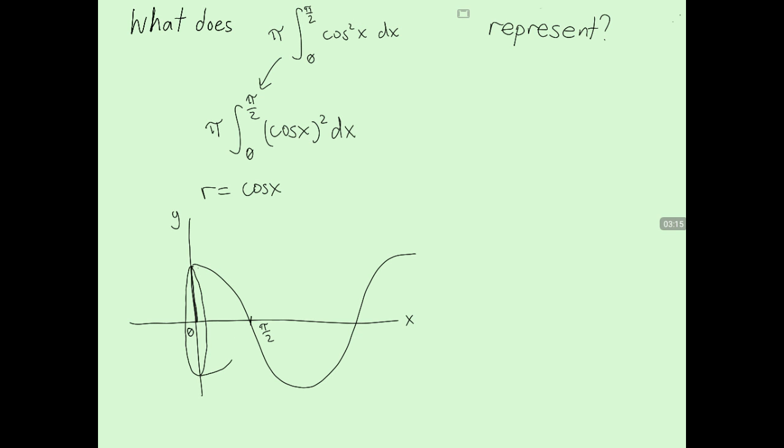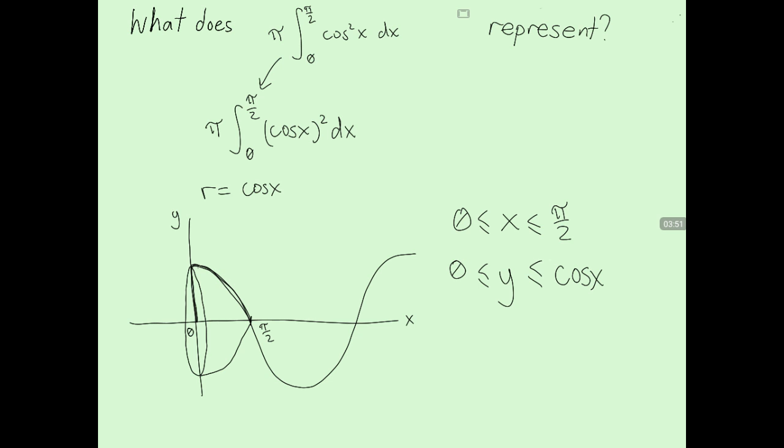I'm going to see if I can draw it better here. So we're going to try to find the volume of this shape, obtained by rotating this piece of cos x around the x-axis from 0 to pi over 2. So what this is saying is you have x between 0 and pi over 2, and the y is going to be between 0 and cos x as well.